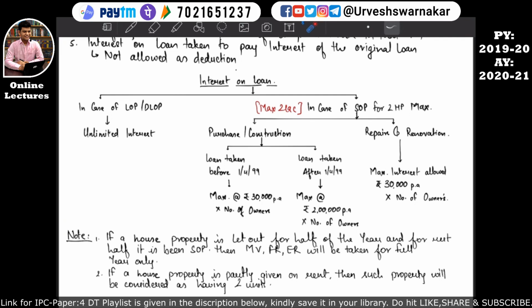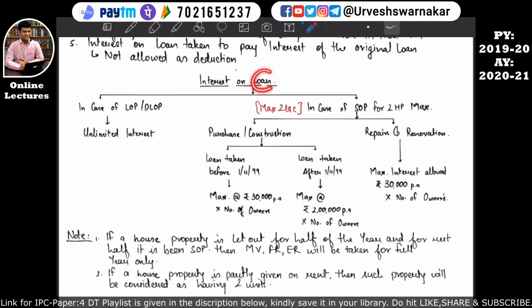If an assessee has taken a loan for SOP for the purchase or construction of this SOP, and such loan has been taken before 1st April 1999, then the maximum interest that can be allowed as deduction under section 24 subsection B is rupees 30,000 per annum.